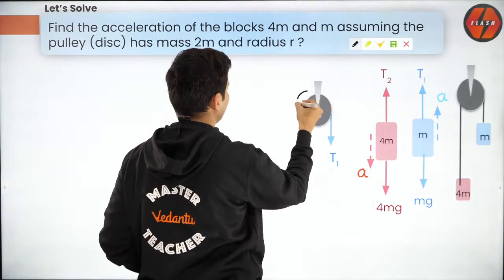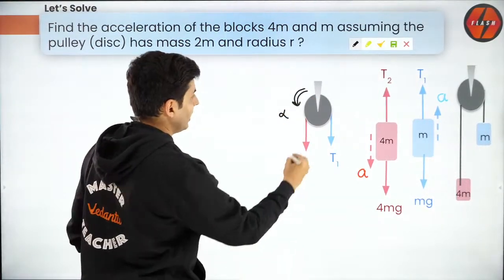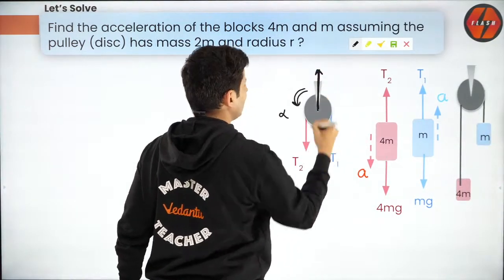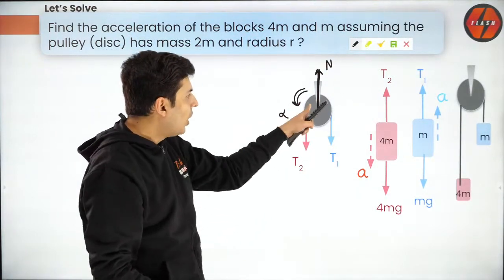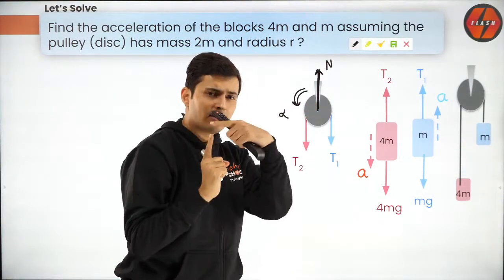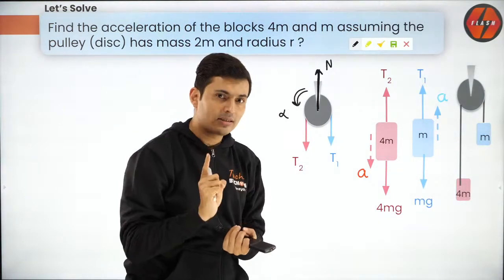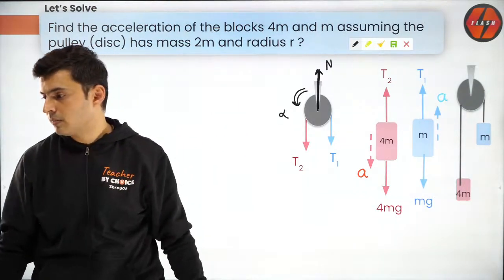So it will accelerate like this with some alpha. That's about it. And there will be some reaction from the top. All right. So there will be some normal force from the top on the pulley. Understand? So the pulley will experience a normal from the support. So that support will exert a normal on the disc like structure.